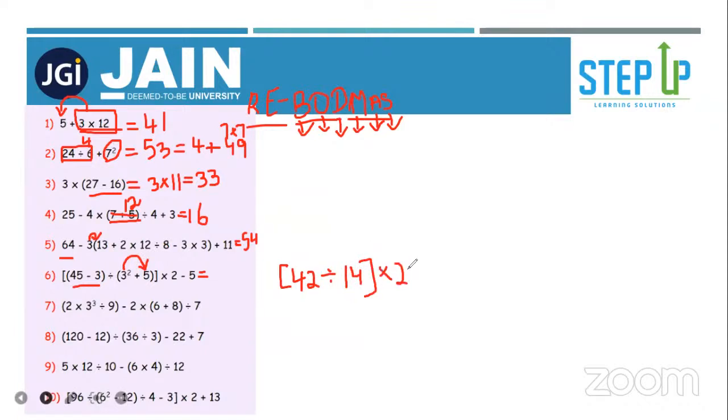Multiplied by 2 minus 5. 42 divided by 14 is just 3. 3 times 2 is 6. So this whole thing, if I solve, I'll get 6. 6 minus 5 is 1.